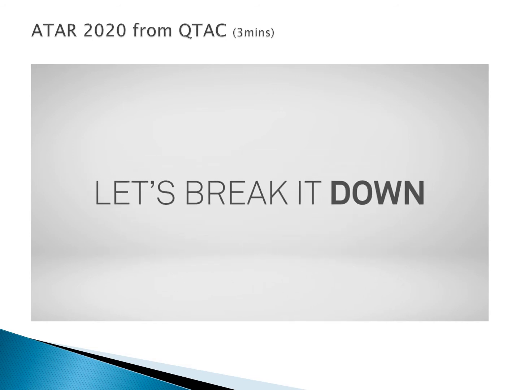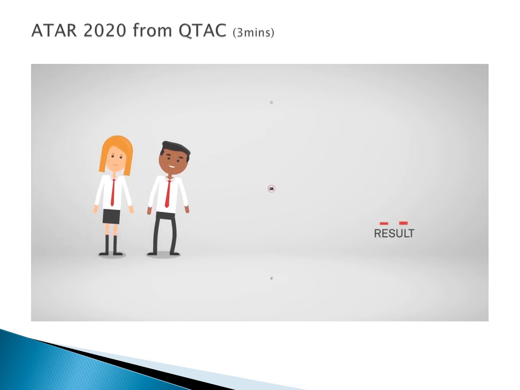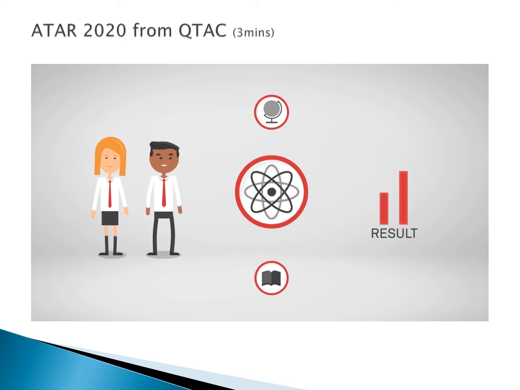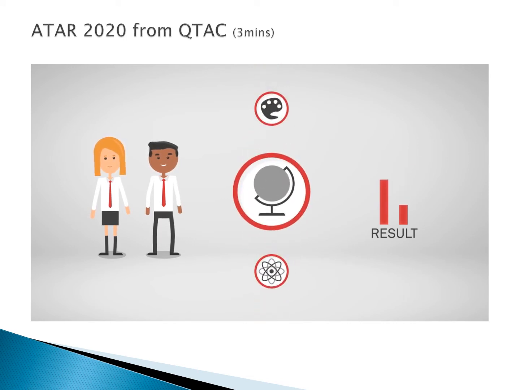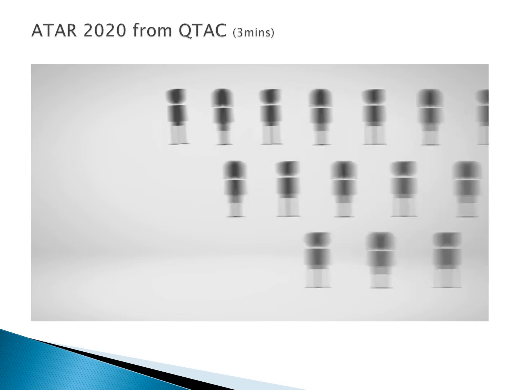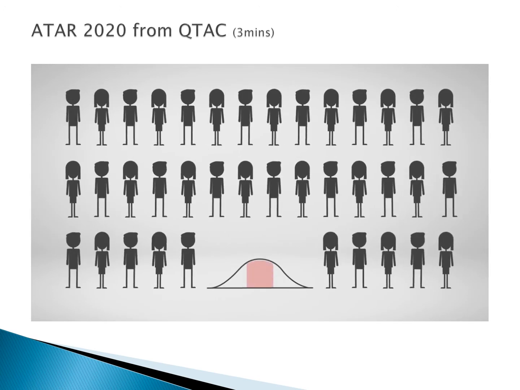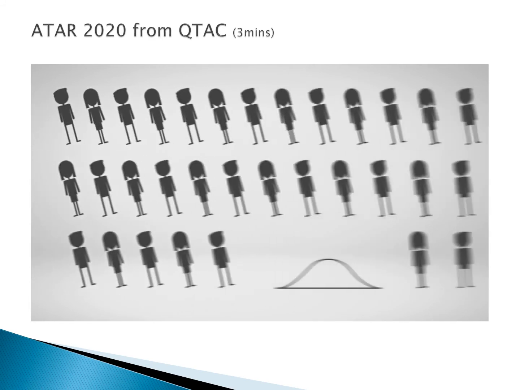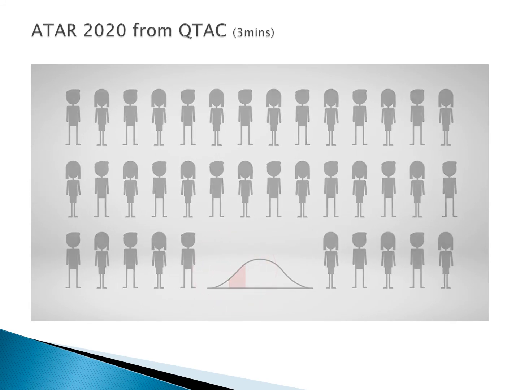Let's break it down. Scaling works by looking at how students who take a particular subject perform in other subjects. This comparison tells us something about the relative difficulty of each subject. When we examine the results against large groups of students, we can determine how hard a subject is overall compared to other subjects.